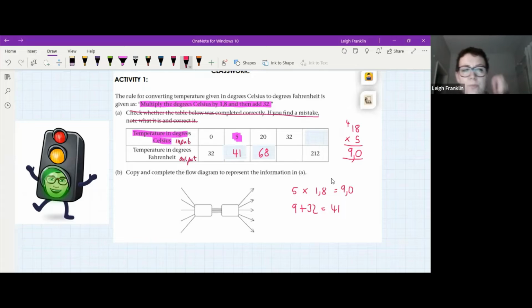I multiplied 20 by 1,8 plus 32, ma'am. Lovely. In fact, you can do that all in one step. 20 times 1,8 plus 32 does indeed give you 68. That's good, Eli. Well done.